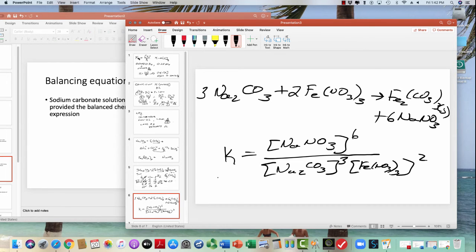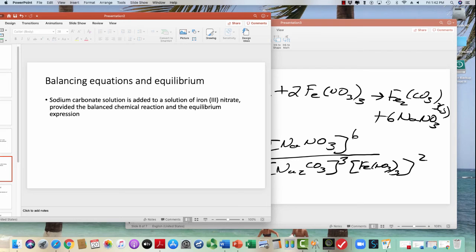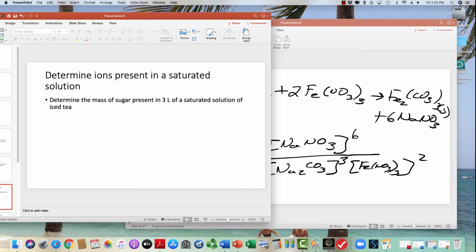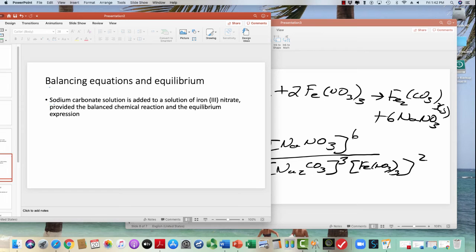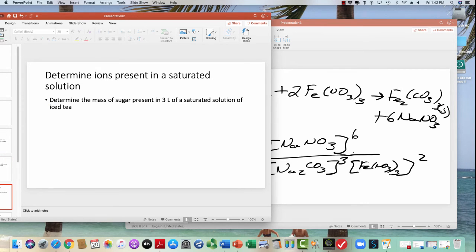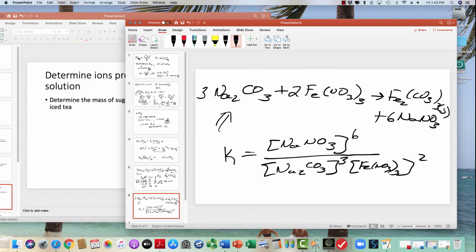And this is the equilibrium expression for this reaction. And that's what we got here.